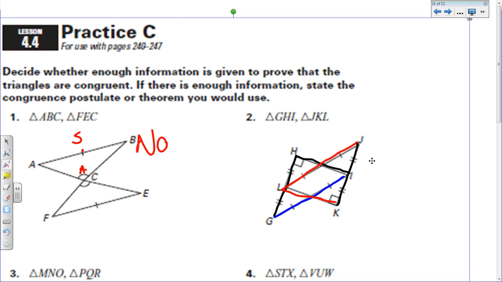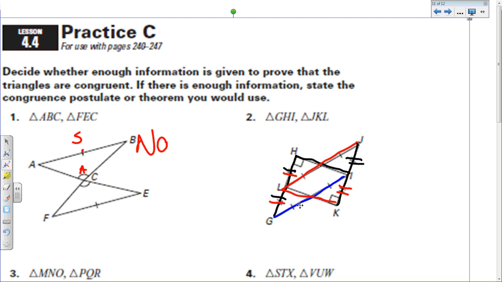Right? So this one's got 2 and 2. So let's see if JK and GH both have 2 and 2. 2 and 2. So far so good. Now I'll try HI. Don't know anything about HI. Or LK. Well, let's try the other side.